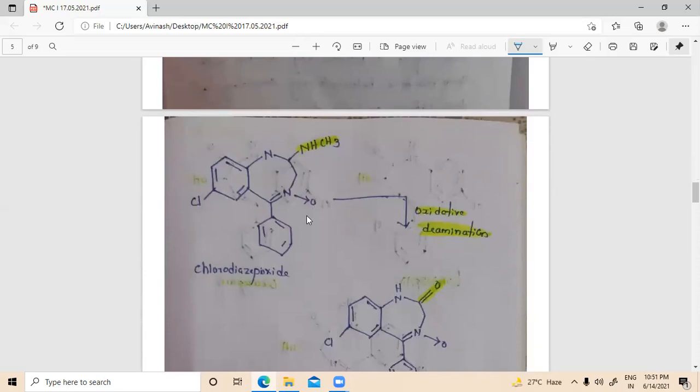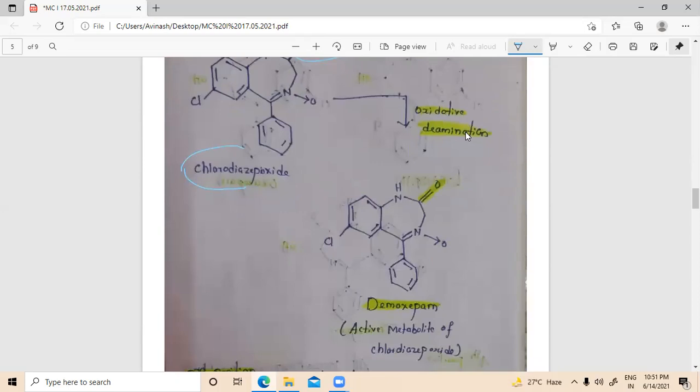So this is the structure of your chlordiazepoxide. If you look at the structure, this is your second position, which is occupied with a methyl amino group. Now this chlordiazepoxide can undergo metabolism by a process known as oxidative deamination to produce demoxepam.